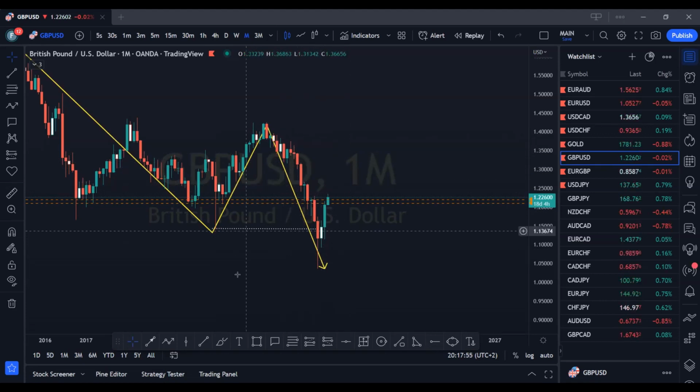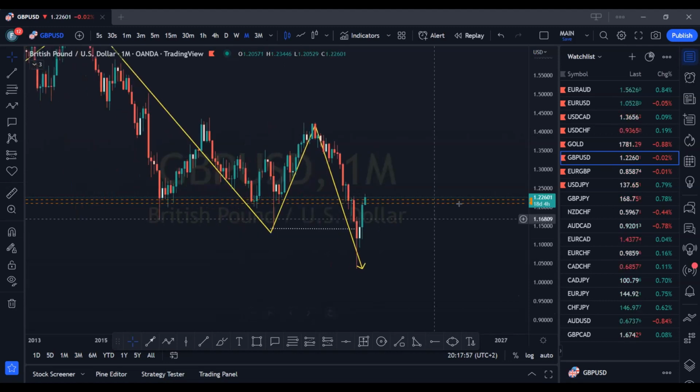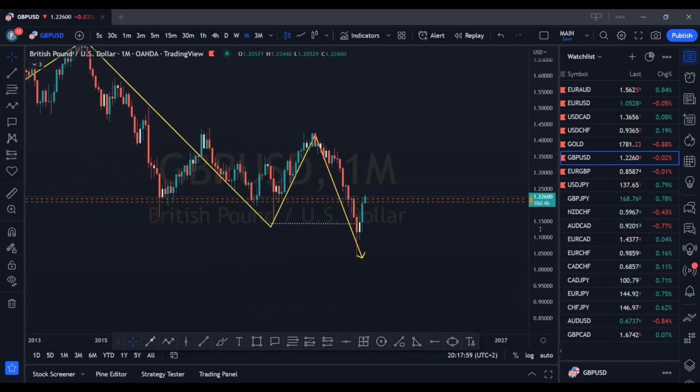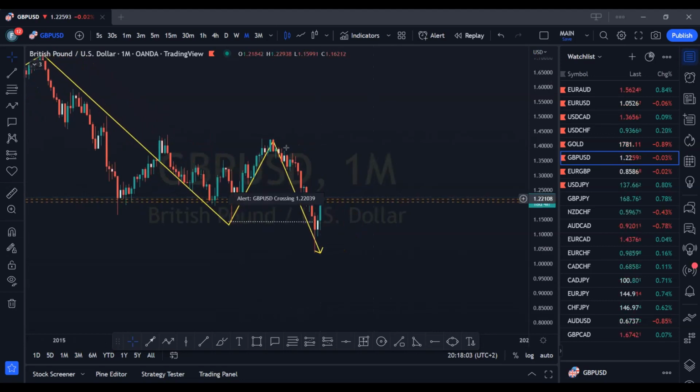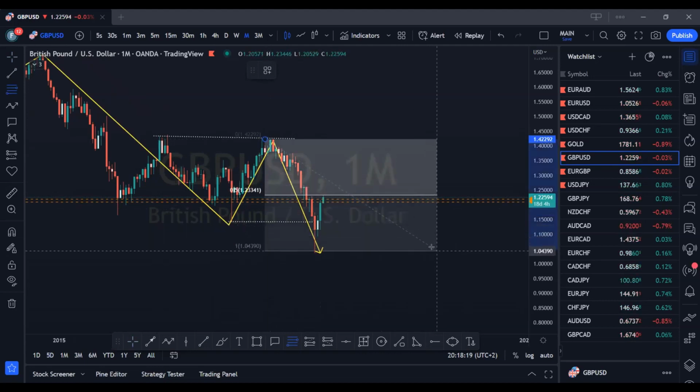And if you're looking at corrective moves, when price is in a trend, of course this is a possible equal high here, but price does not always have to come to the extreme and take out liquidity. What you need to look out for is at least you want price to be at a premium level.